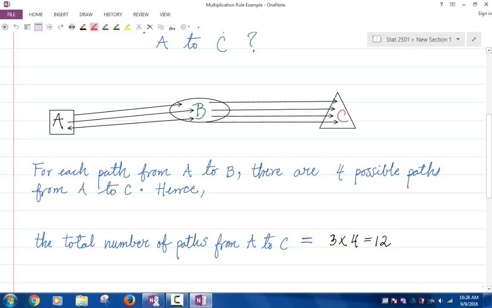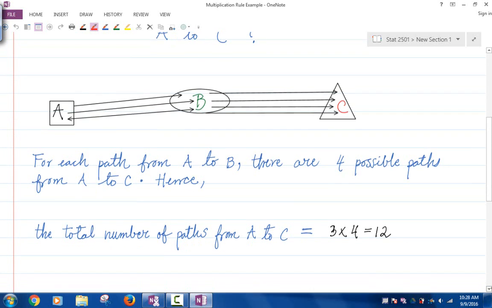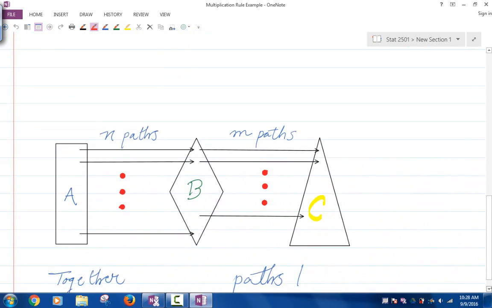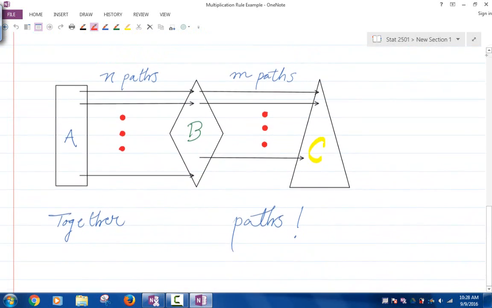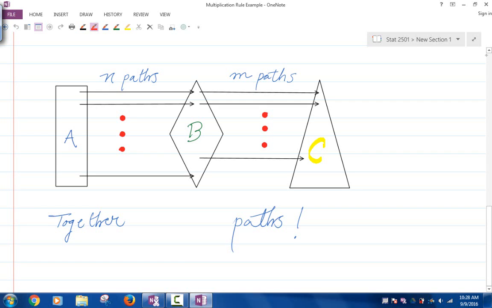Okay, so let's generalize that. Suppose that I have A, B, and C. Now I have m paths from A to B and n paths from B to C, right?